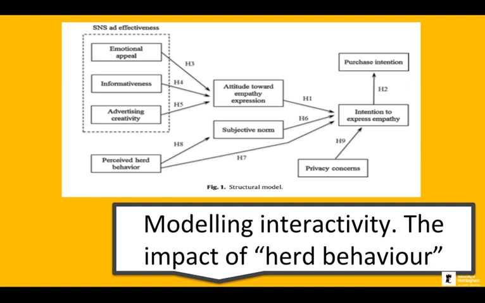So the emphasis there is on getting consumers to start acting like a group around advertising, and again, it increases its effectiveness. Now this then is a bit of a tension in social media research. On the one hand, making something personally relevant to individuals makes it more effective. On the other hand, encouraging this herd group behaviour makes it more effective as well.